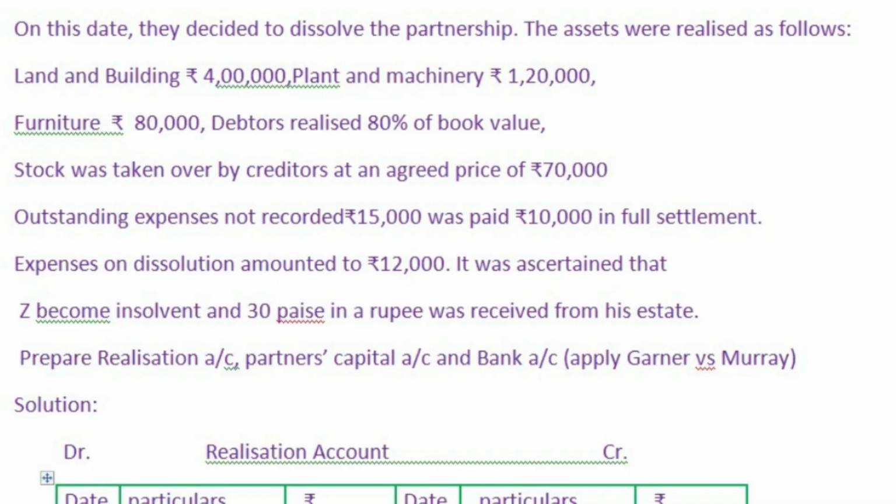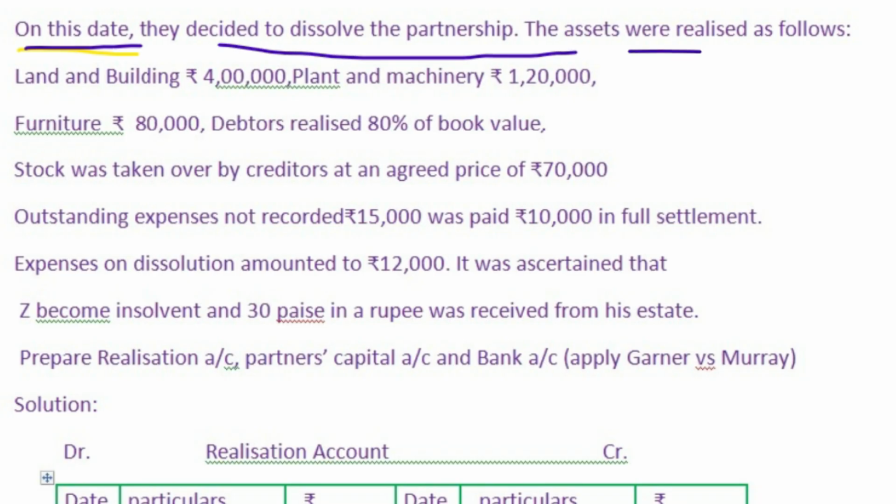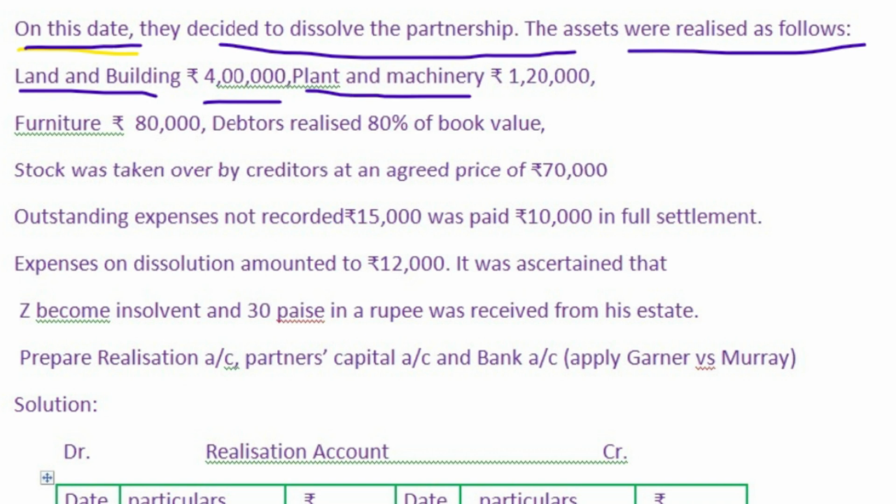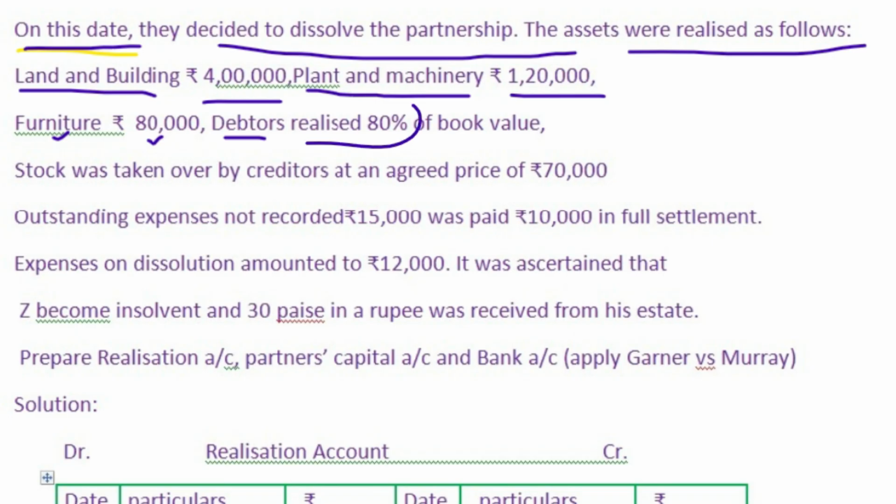Now, what additional information is given? On this date, they decided to dissolve the partnership. The assets were realized as follows. By selling land and building, 4 lakh rupees realized, plant and machinery 1 lakh 20,000 received, furniture sold for rupees 80,000, and from the debtors only 80% of book value realized.